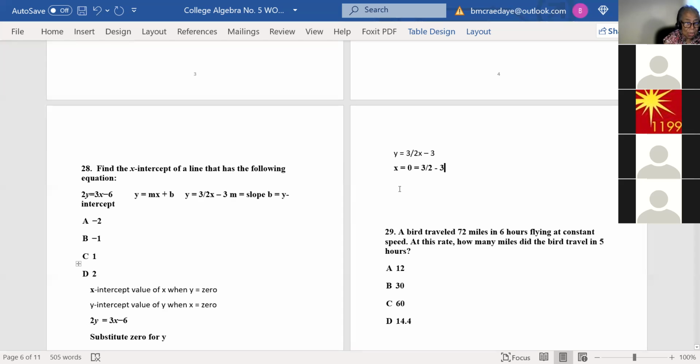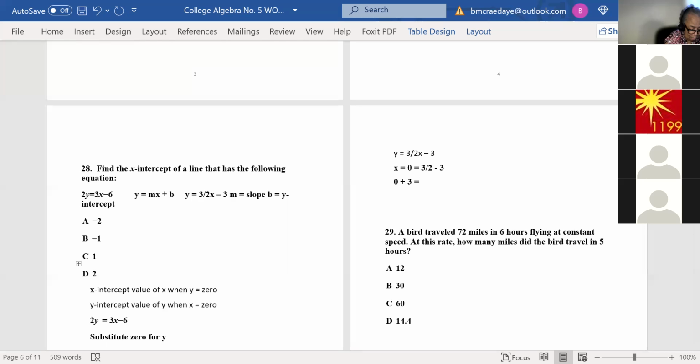All right. Then what did you do? I add a 0 and a 3, and I said it's equal to 3 over 2x. You added 0 plus 3 equals 3 over 2x. And you said this was equal to what? 3 over 2x?